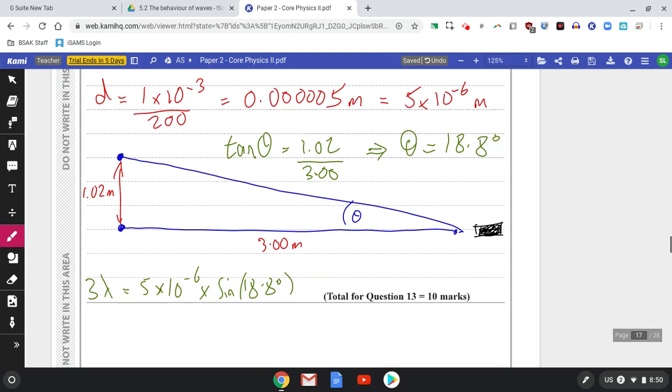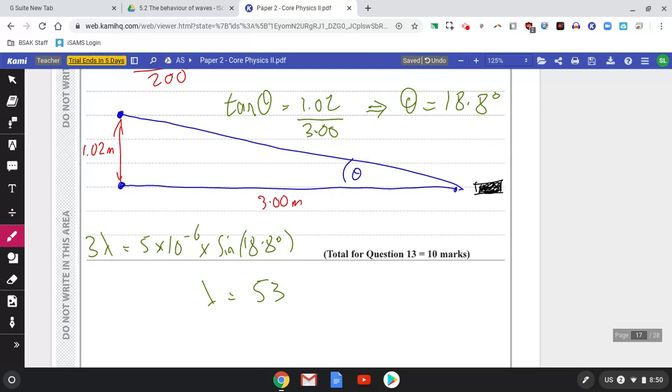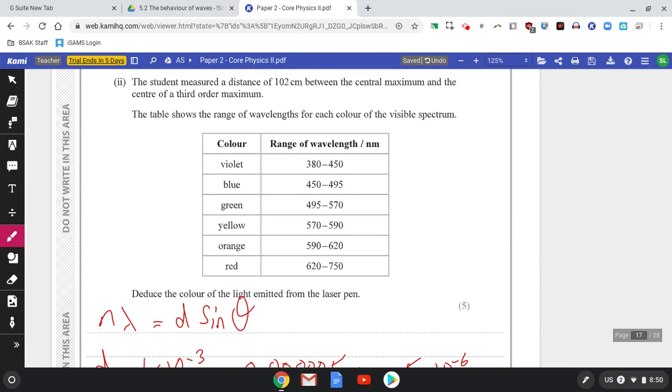That gives us a wavelength of 536.5 nanometers. Yep. Now that, from the table, is green. There you have it.